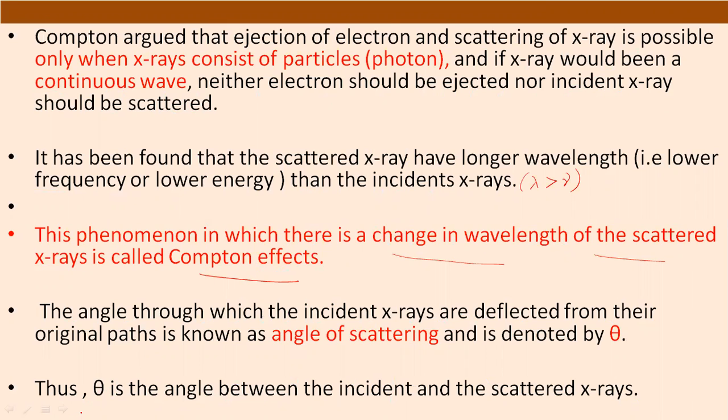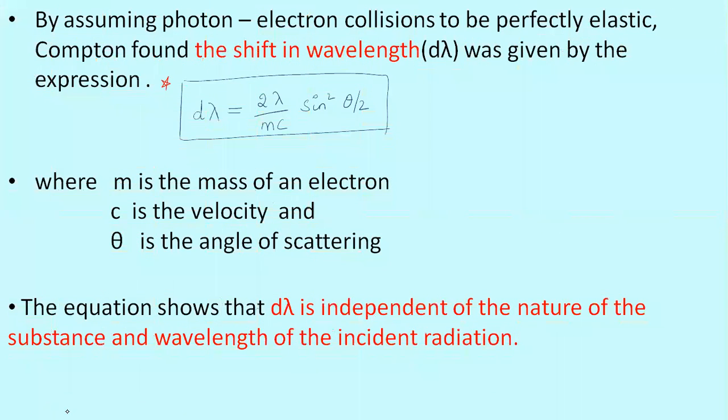Next important point, the wavelength of the scattered X-ray is greater than that of the incident X-ray. Now, the angle between the incident and the scattered photon is called the angle of scattering, represented with theta. Based on this theory, we got the Compton effect equation, that is d lambda is equal to 2 lambda by mc sine square theta by 2, right? So with this, we have completed the Compton effect.